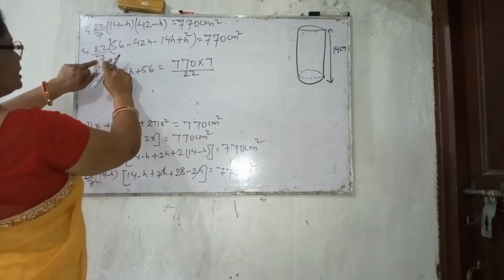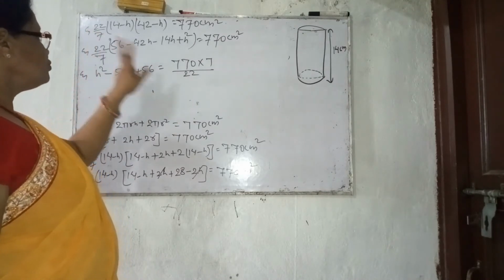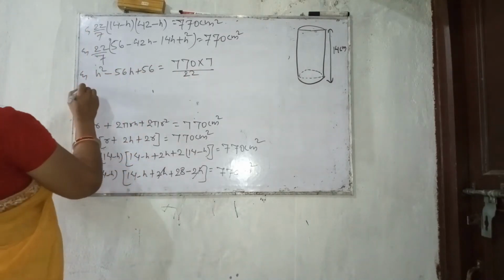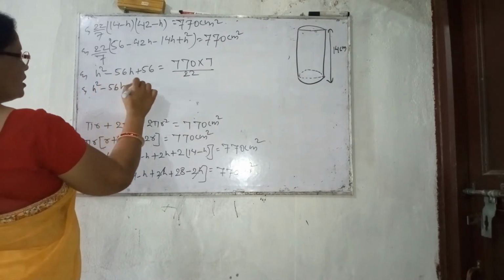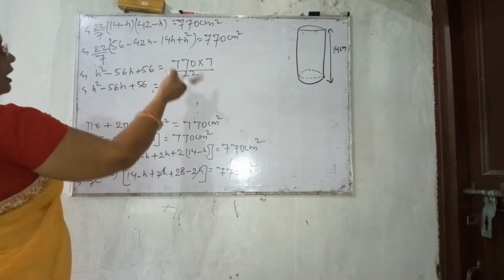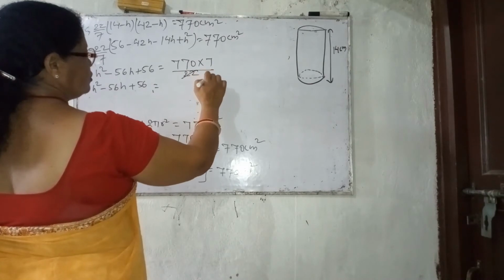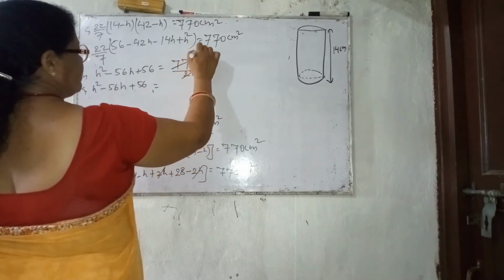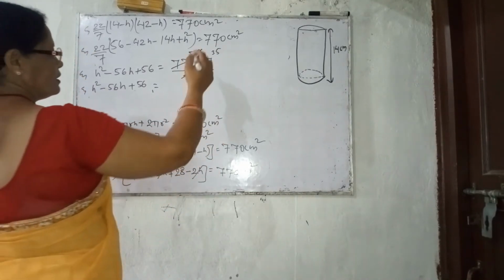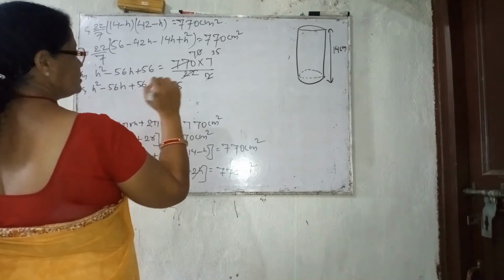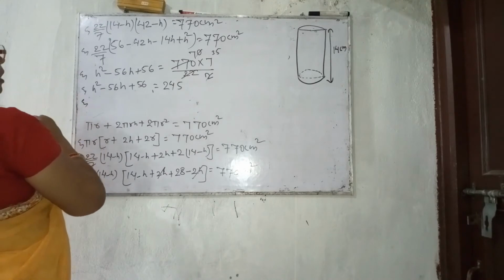I have done cross multiplication of these two, and this 22 will come in division. After doing all this, let's cancel. 11 2s are 22, 11 7s are 77, it will be 35, and 35 into 7 is 245.